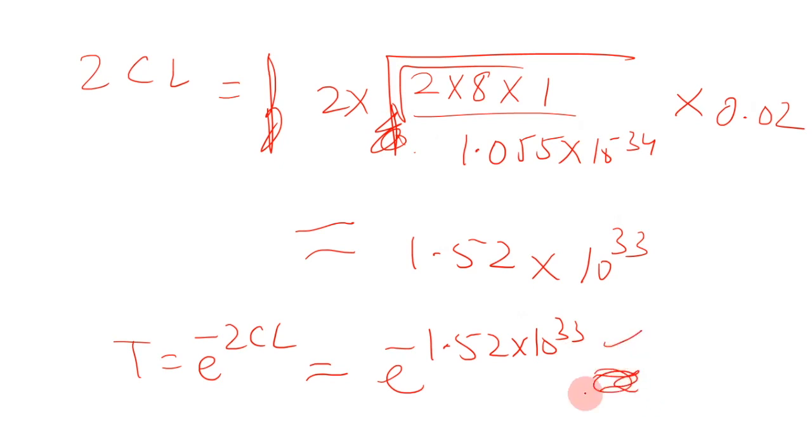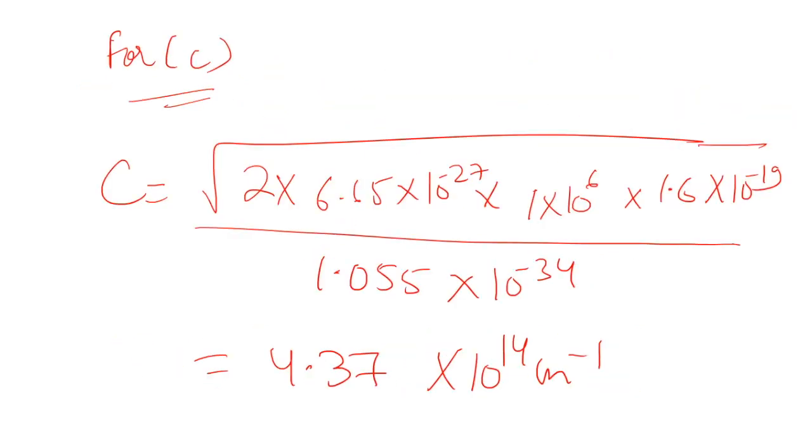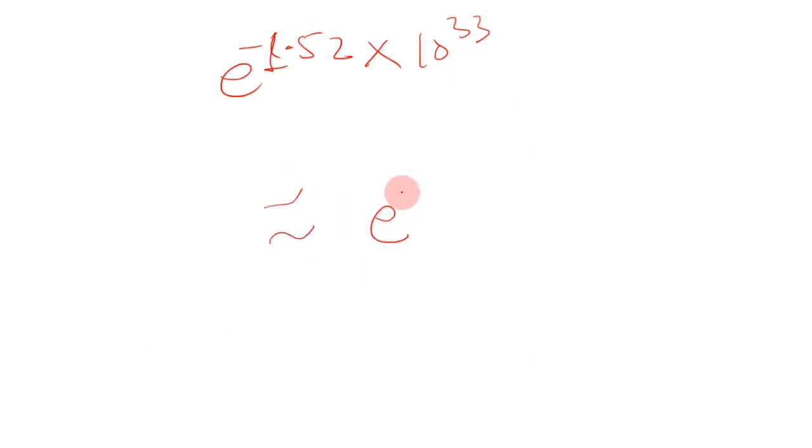If you want to get an idea of what this number is, it's e to the power minus 1.52 into 10 to the power 33. What you can do is multiply by ln 10 and divide by ln 10, in the power only.